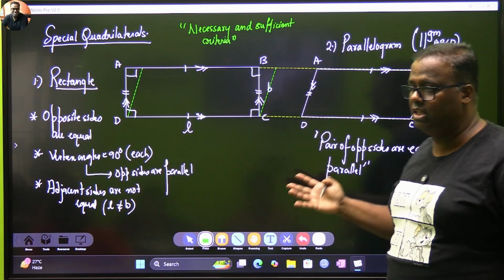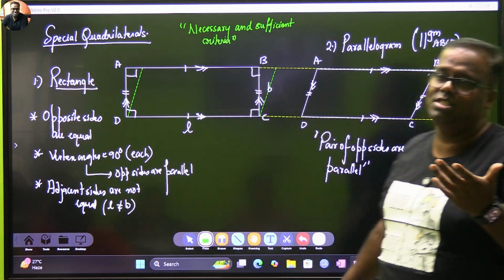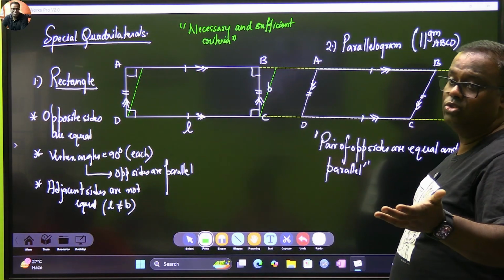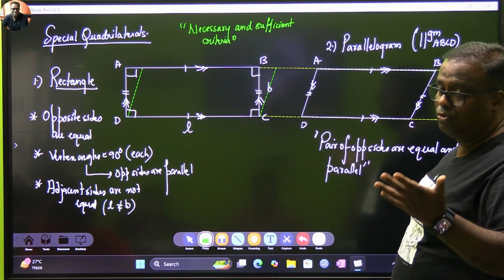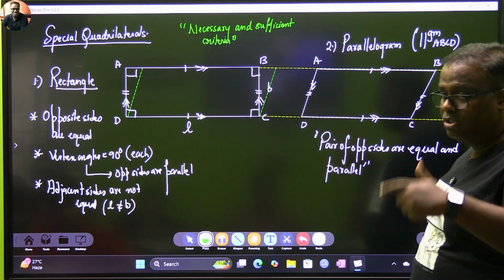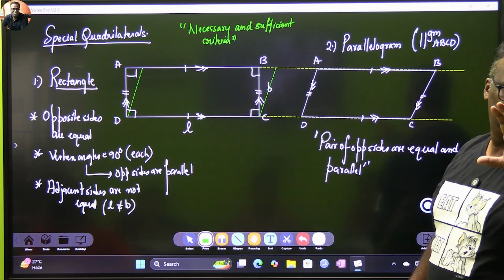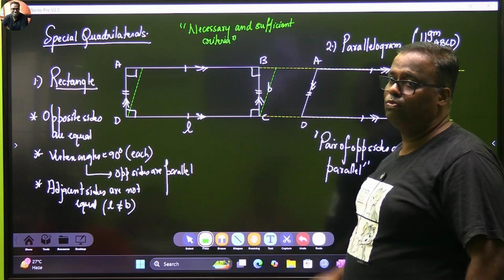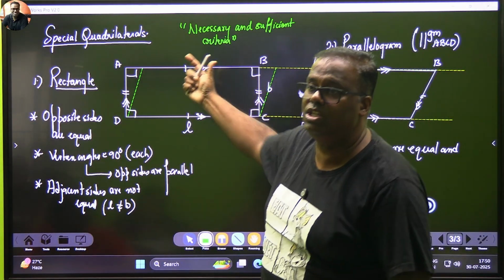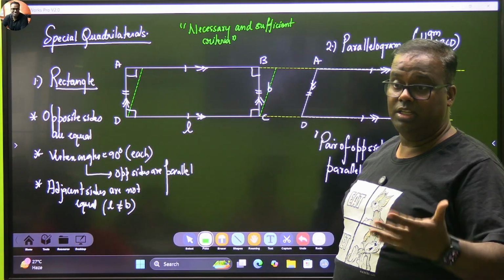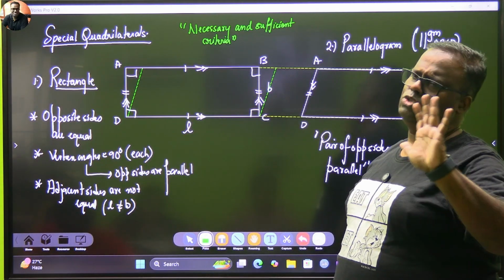You will see that the figure looks like a parallelogram, but you can't just say so. You have to prove it. It's like the court: I know you are innocent, but the court wants proof. To prove a figure is so and so, you have to find some necessary and sufficient criteria. That is how the court will accept. This criteria is necessary, and with this much it is sufficient.